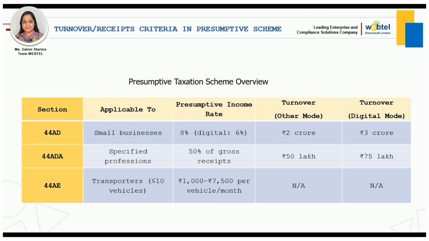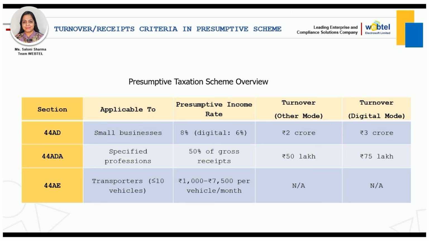Let's have a look at the turnover or receipt criteria in case of the presumptive taxation scheme. As per section 44AD, that is related to small businesses, you need to show income at the rate of 8% if you are receiving the gross turnover or gross receipt in cash.